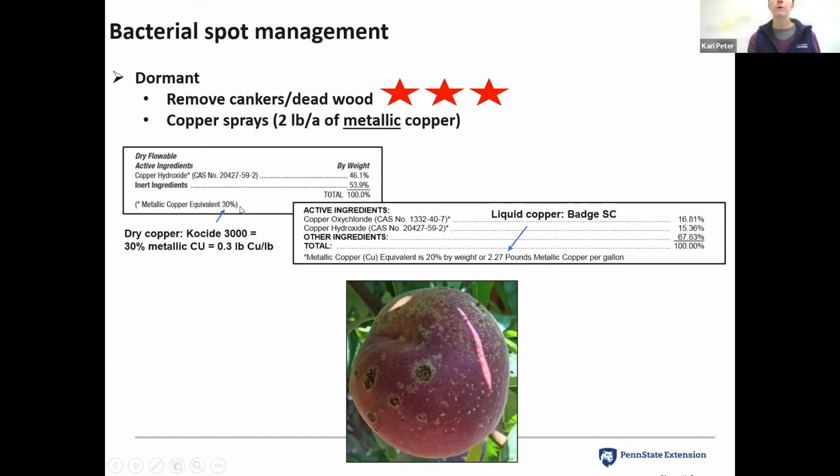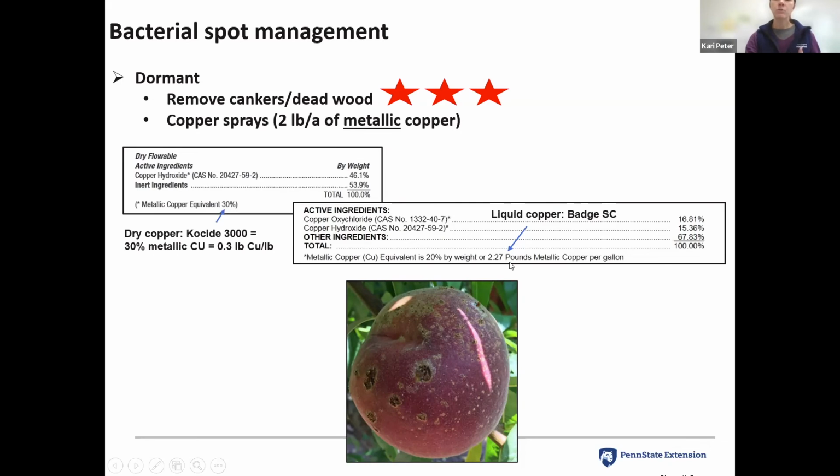That means there's 0.3 pounds of metallic copper per pound of product. So if I want to apply about 2 pounds of metallic copper, I'm going to be applying about 6 pounds of product to reach my 2 pound per acre metallic rate.